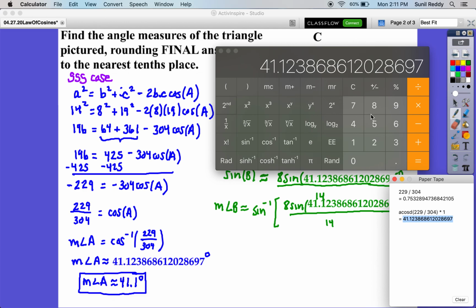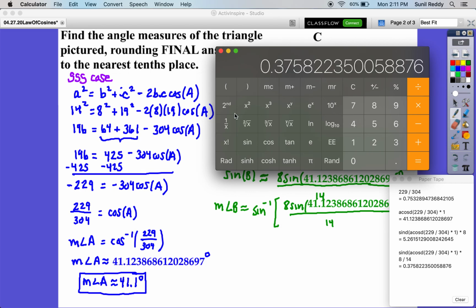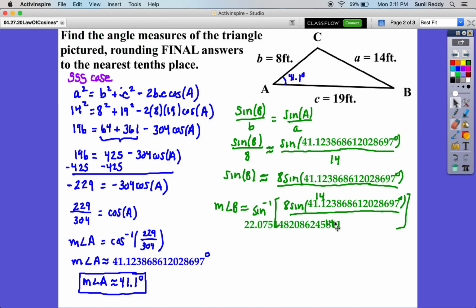So I'm taking the sine of this angle I still had up. I'm going to multiply that by 8, divide by 14, and then take the inverse sine of the result, which is giving me an approximation for the measure of angle B. And the directions said round to the nearest tenths place, so I'd have measure of angle B approximately 22.1 degrees.